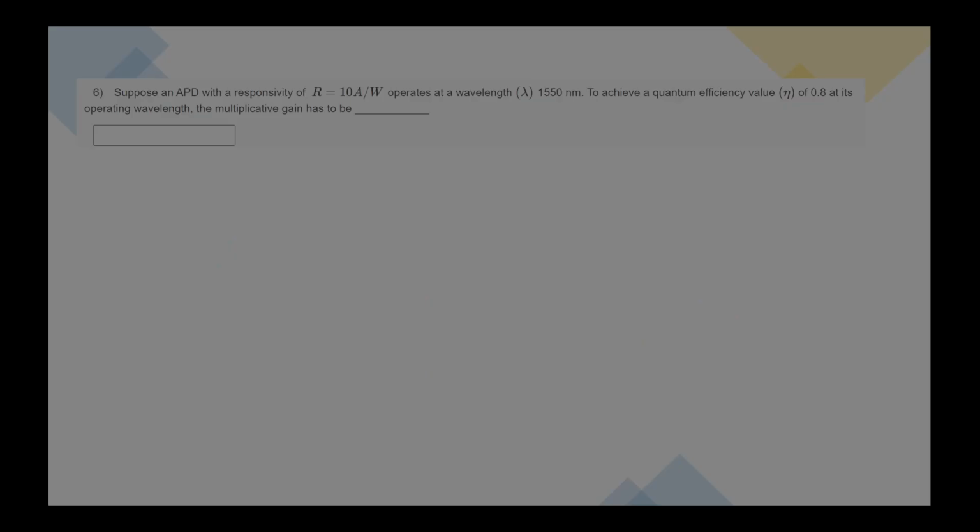Is this the multiplication gain? Like, what variable are we trying to find? Just a second. This multiplication factor you can also say is M. Okay, okay. Got it.